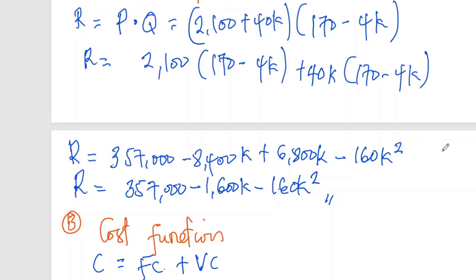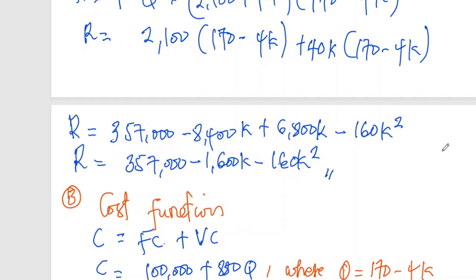After grouping, your final revenue function is 357,000 minus 1,600k minus 160k squared.